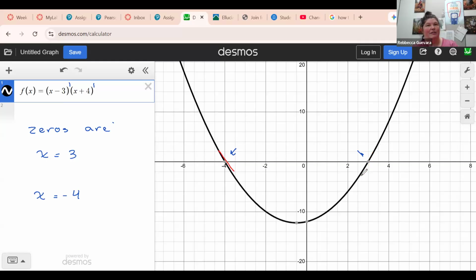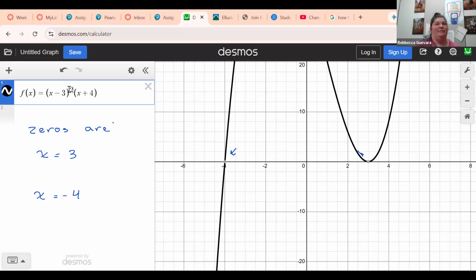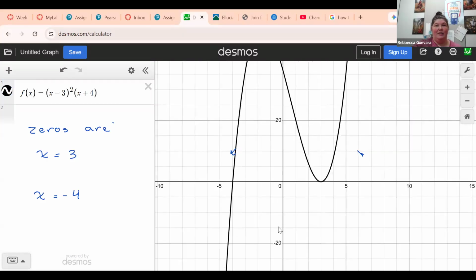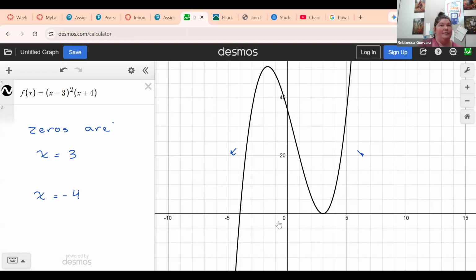Now we're going to change one of these. We're going to take the zero at 3, and now instead of having x minus 3 times x plus 4, we're going to have (x minus 3) squared. So we see my graph makes a change. Here we have a multiplicity of 1 at the -4, and we cross.